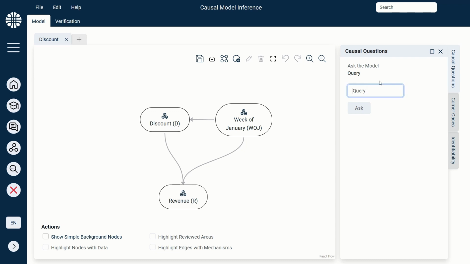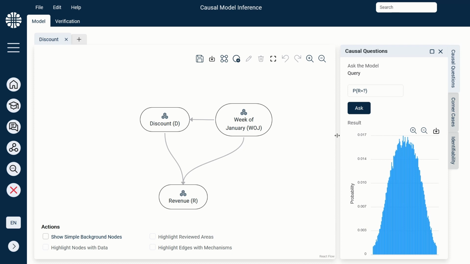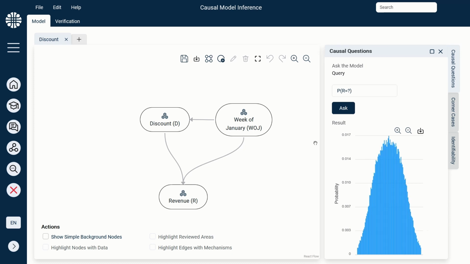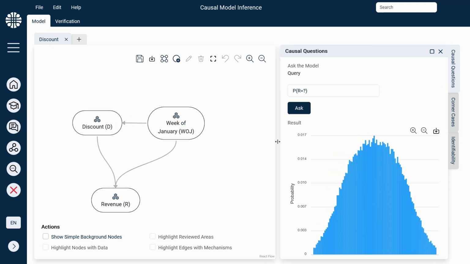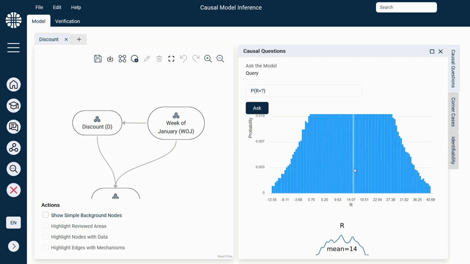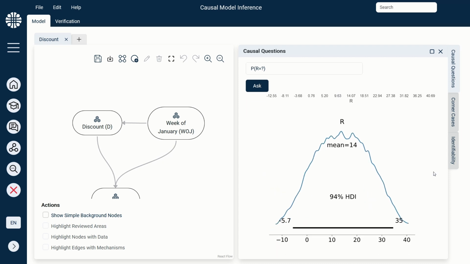The syntax is P, left parentheses, R, remember R is revenue's abbreviation, equals question mark, right parentheses. Then click on Ask and, tada, we can see a bar plot of the probability distribution. Below, there's a plot which gives us the mean as well as the 94% high density interval.